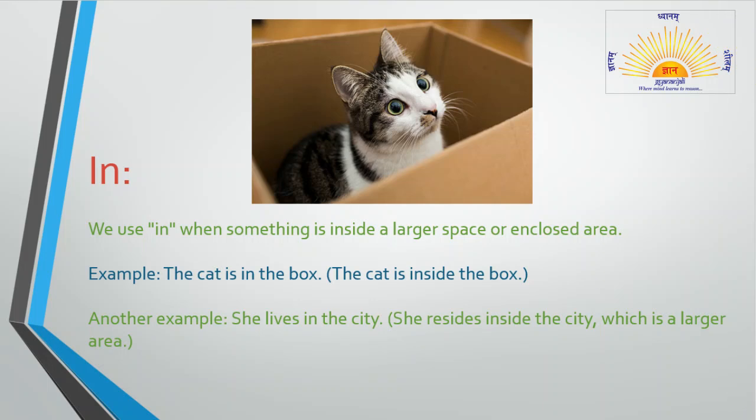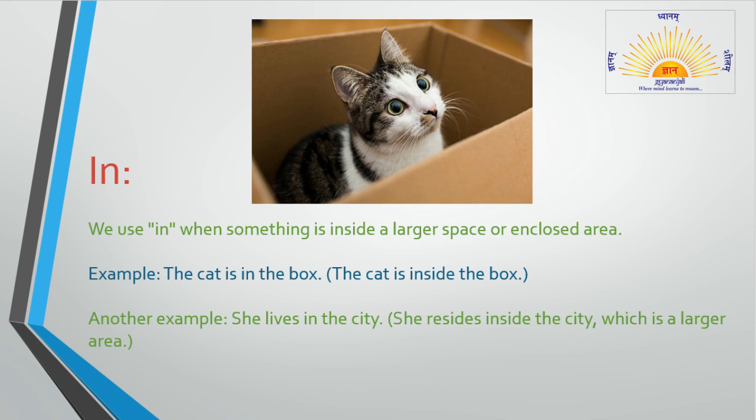For example, the cat is in the box. So that means that the cat is inside the box. Let's look at another example. She lives in the city, meaning she resides inside the city, which is a larger area.